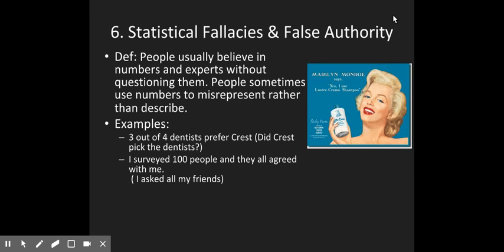And some of the other examples: I surveyed 100 people and they all agreed with me. But maybe those 100 people were all your friends, so of course they're going to agree with you. So you have to question the information.